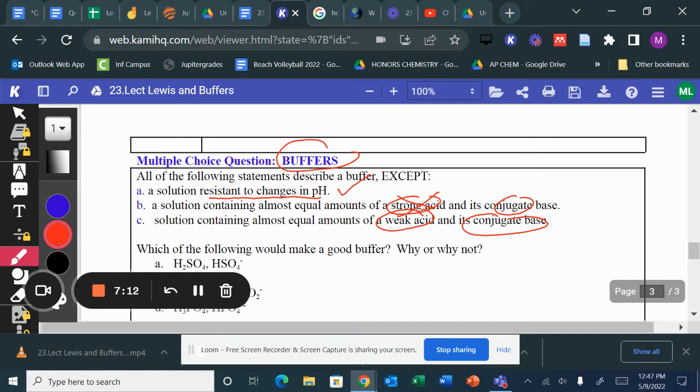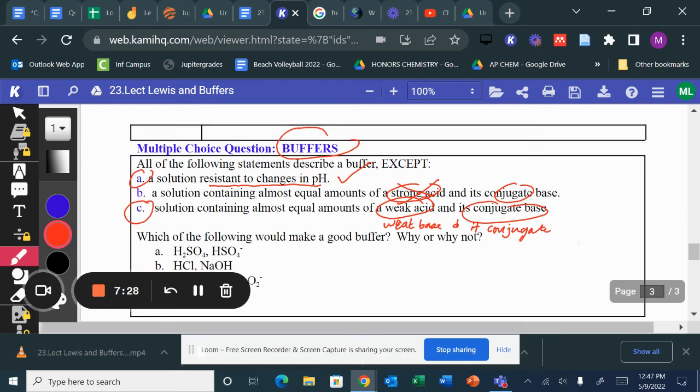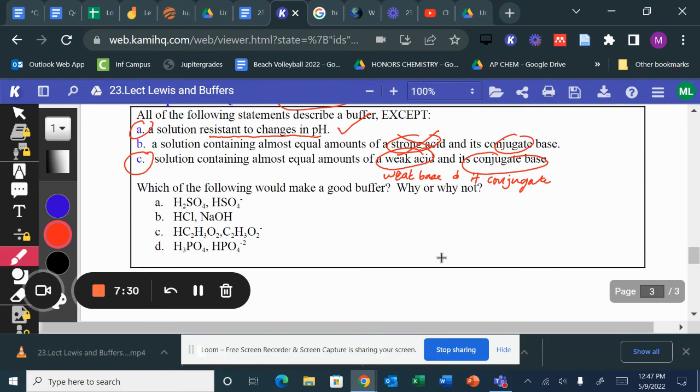That's correct. You can also have a weak base and its conjugate. Either one will work, but one of them has to be weak for the other one to be strong. Which of the following would make a good buffer? Why or why not? Go ahead and pause the video and choose.